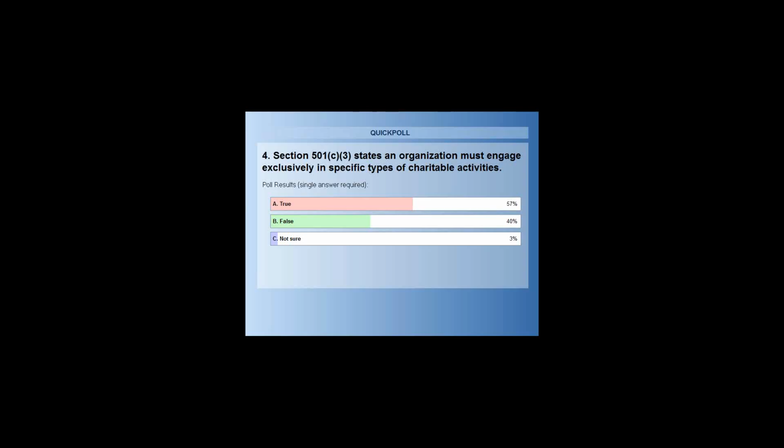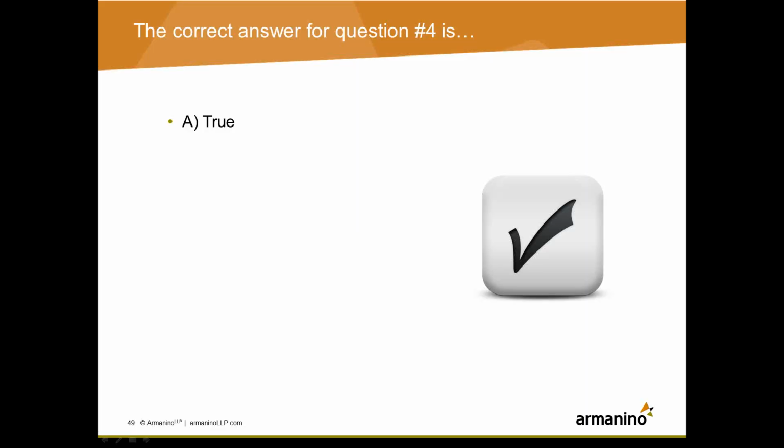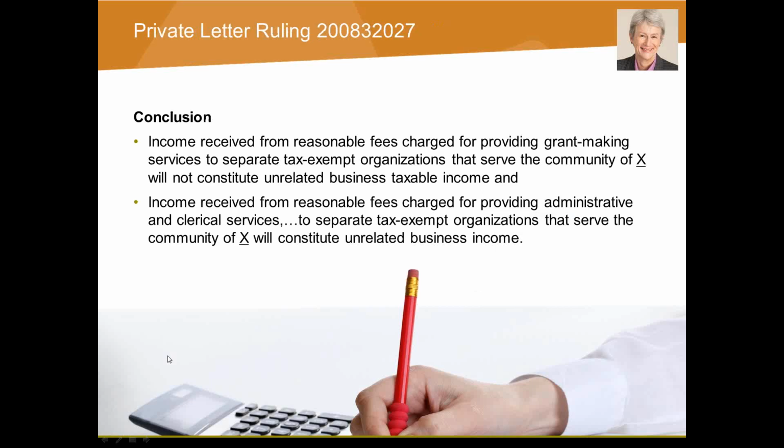Over the years, however, the word exclusively has actually come to be some other words, more like primarily. And of course, the service hasn't created a bright line for that, so we can't say is primarily 80%, is it 85%. So the correct answer for that is true, because that's the way 501(c)(3) reads, but in practice, there's a little more wiggle room. And wiggle room is a technical tax term.